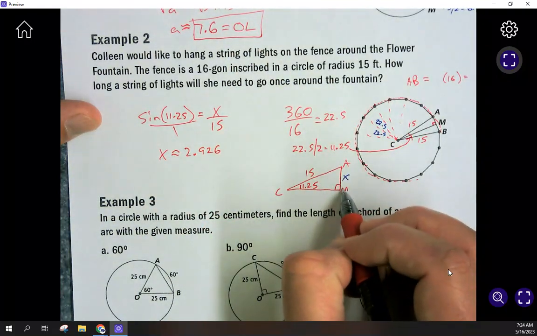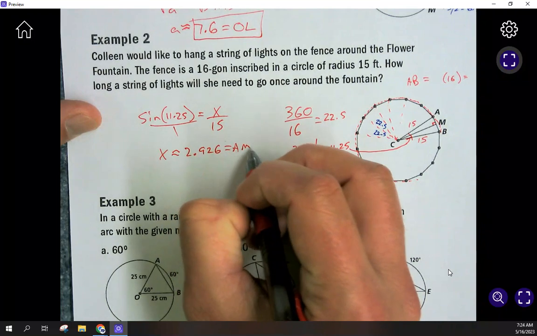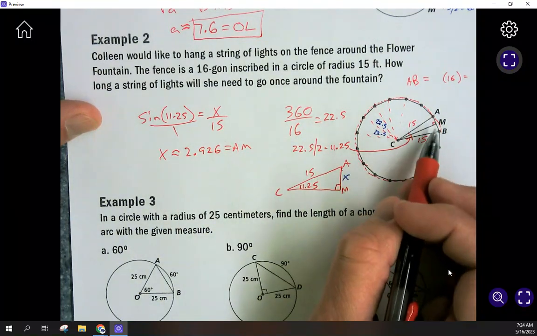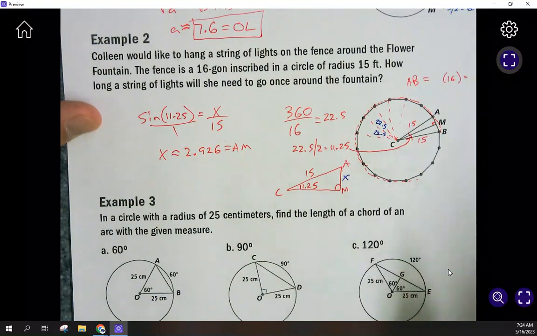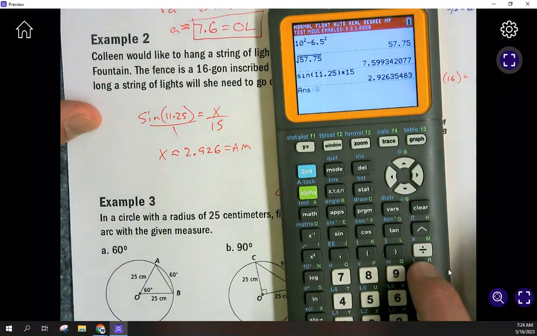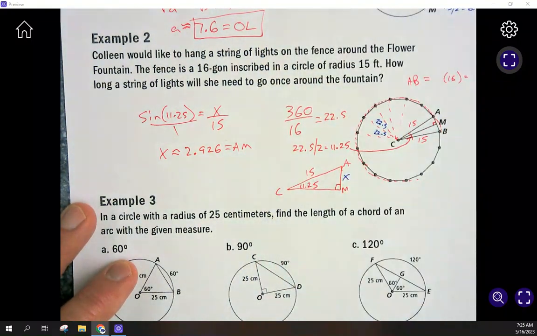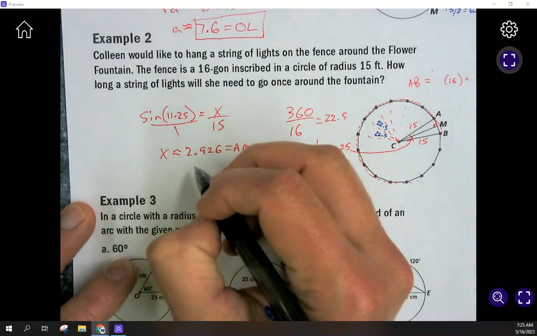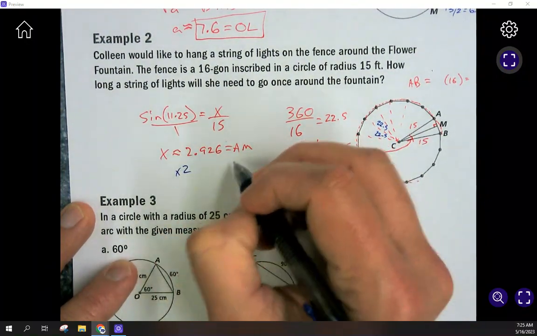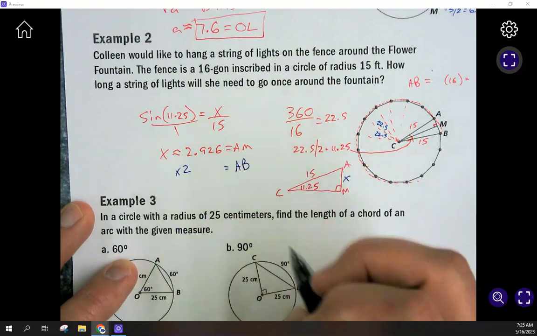So that's the length from A to M. But I need from A to B to get one side of this 16. So I'm going to go ahead and just double that. All right, and I get 5.85. That means AB right here, I times this by 2, and that's going to equal AB.